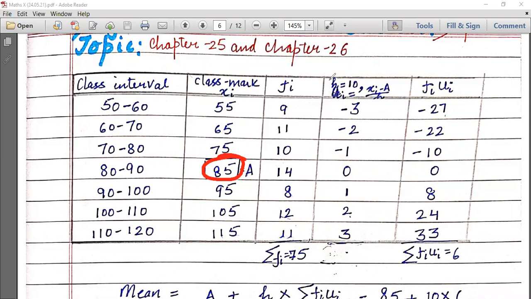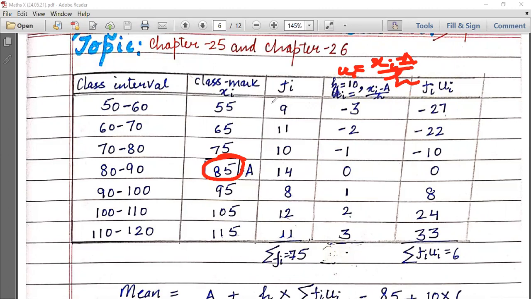Now children, find ui here. You know that ui is xi minus a upon h, where h is the class size, that is 60 minus 50, that is 10. So h is 10, a is 85. So find ui for each class.